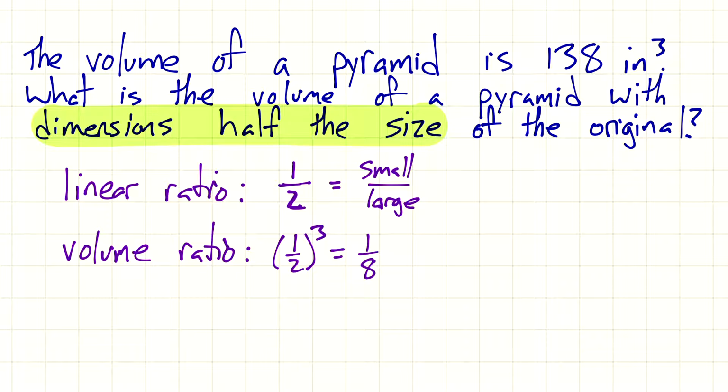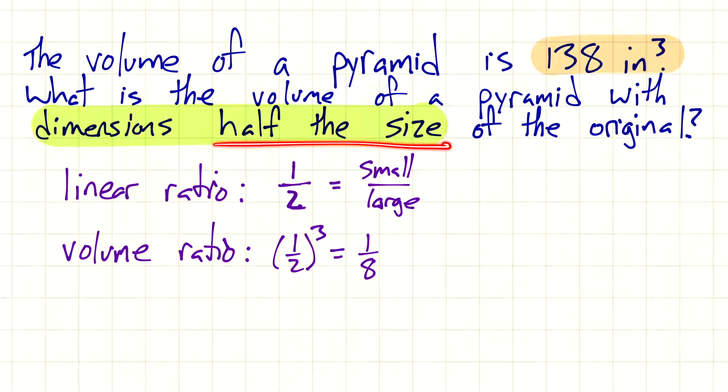All that matters is the information they're giving us. So in this case, they told us the initial volume of this pyramid is 138 inches cubed. I want to know what the volume is of a pyramid with dimensions half the size. So the new pyramid is actually going to get smaller.